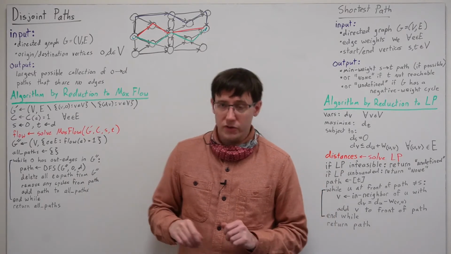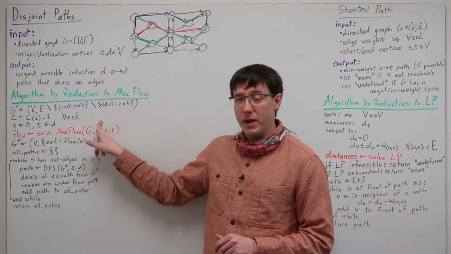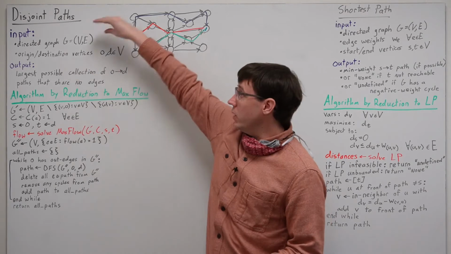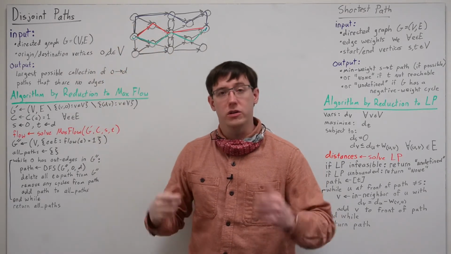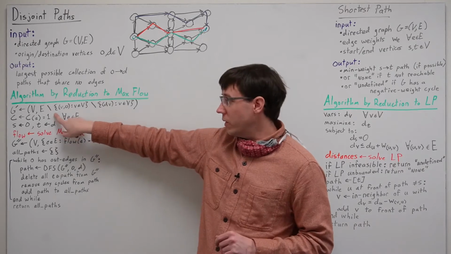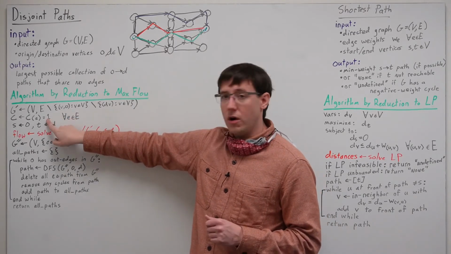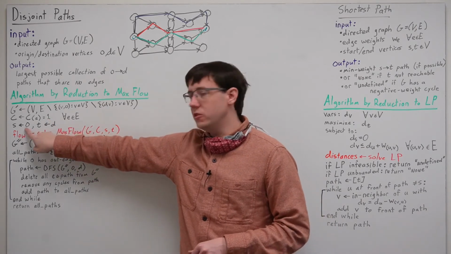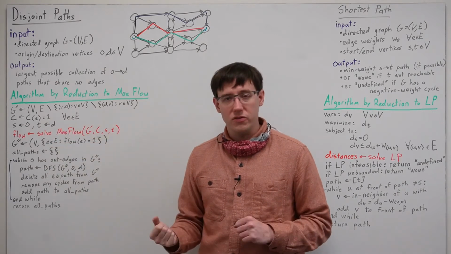The most important step in this translation is that to have a valid input for max flow, we need capacities for all of the edges, and we were not given capacities in the input to disjoint paths. So we will define the edge capacity function to give a 1 for any edge, and then we will choose the source and the sink to be the origin and destination.